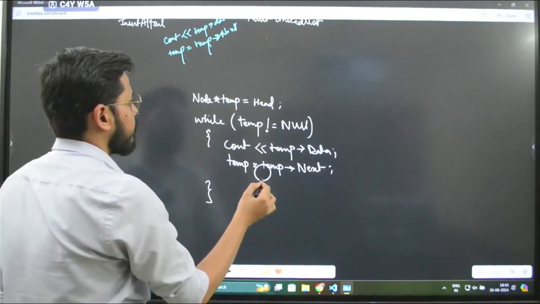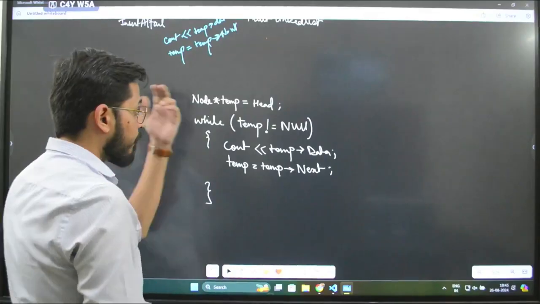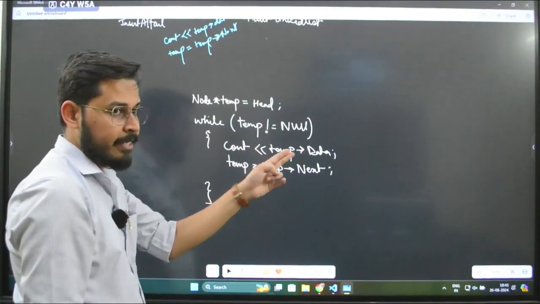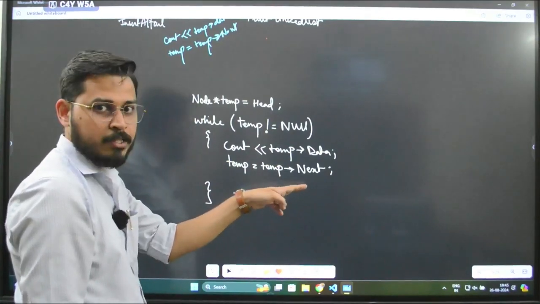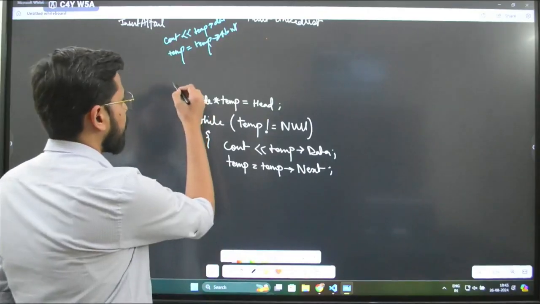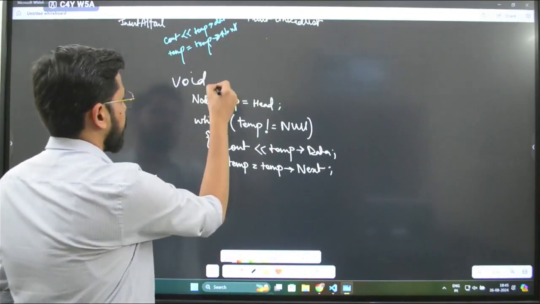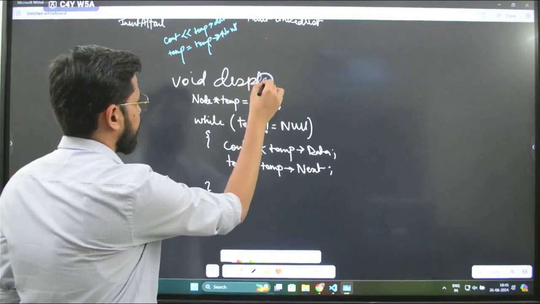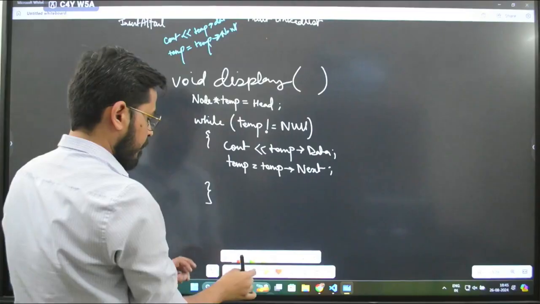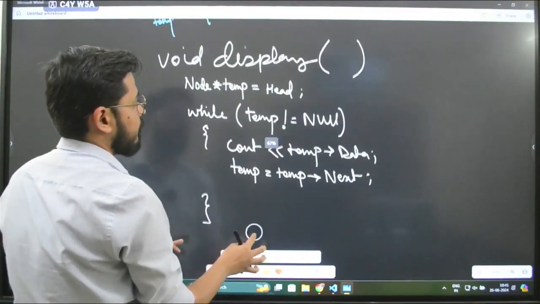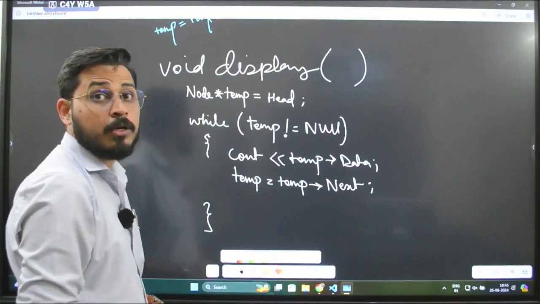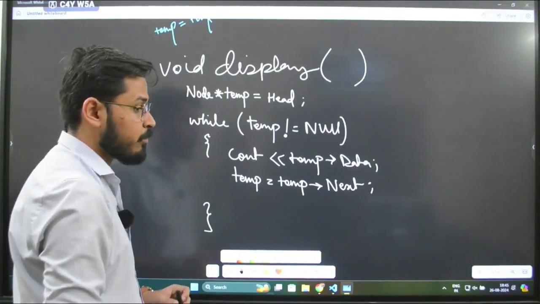Somewhere here. So in this case, I start temp, and till temp reaches null, I directly print the data and go to the next one. This is going to be your void display function. I hope this is very much clear to all of you.